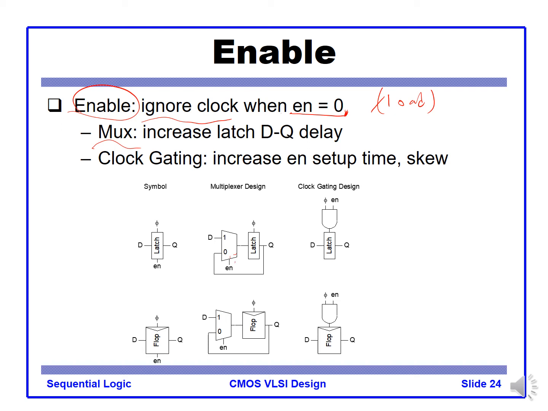So when the enable happens, data only passes on to the latch or flip-flop, right? So we can add a multiplexer. But this increases the latch D to Q delay, by adding the multiplexer in the path.